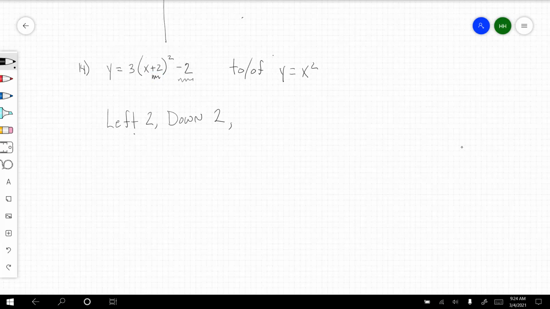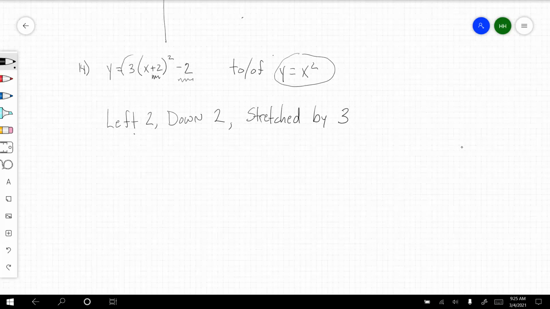And now this a value, since this a value is greater than 1, that's stretch. A value less than 1 is compression. So this gets stretched by 3. Those are the translations of the parent graph.